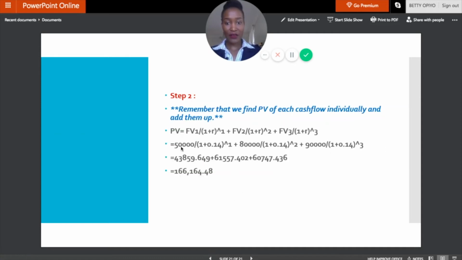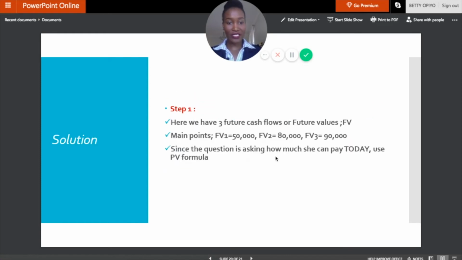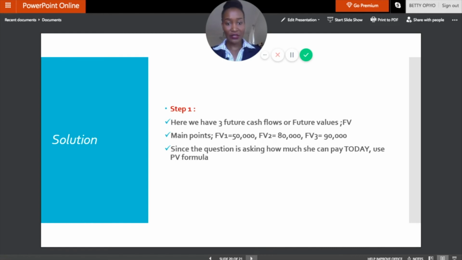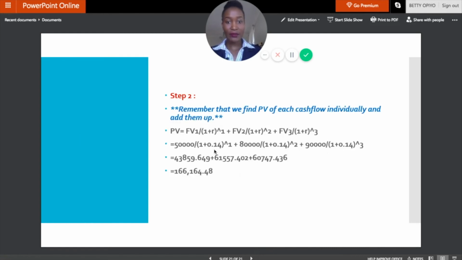That would be 50,000 divided by 1 plus 0.14, the interest rate. The required return is 14%, and we'll be using the same interest rate for all of these cash flows. Here it's 1 plus 0.14 raised to power 1, because it's at the end of year one.